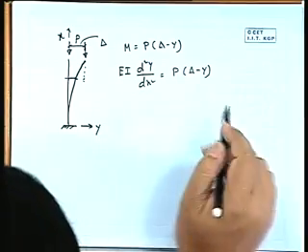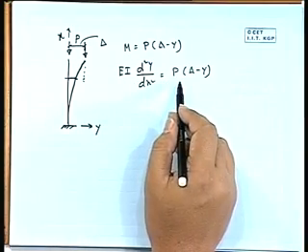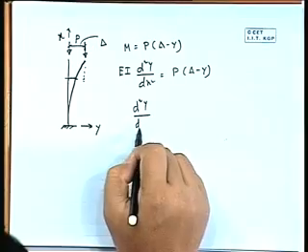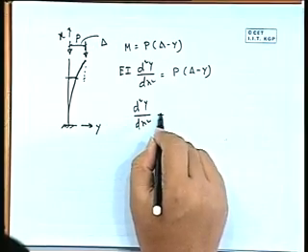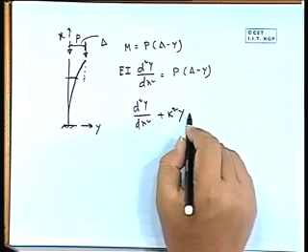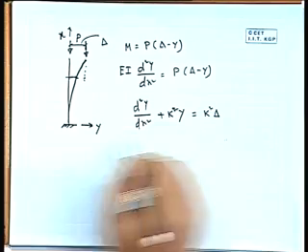Now this expression we can write, say the EI part we can put below P, so P by EI we can express in the form of k square. So d2y dx square plus k square y is equal to k square delta.